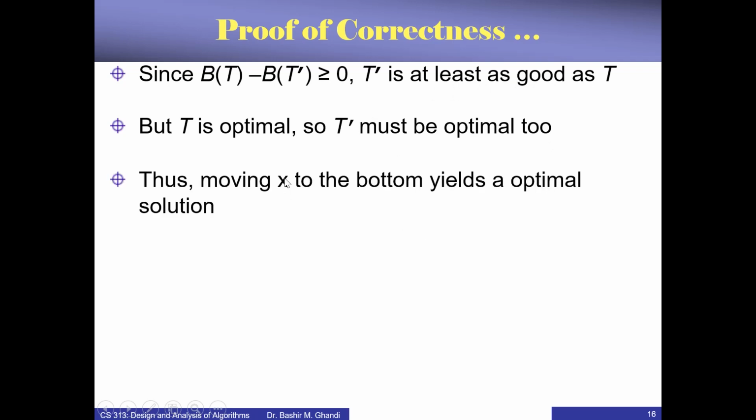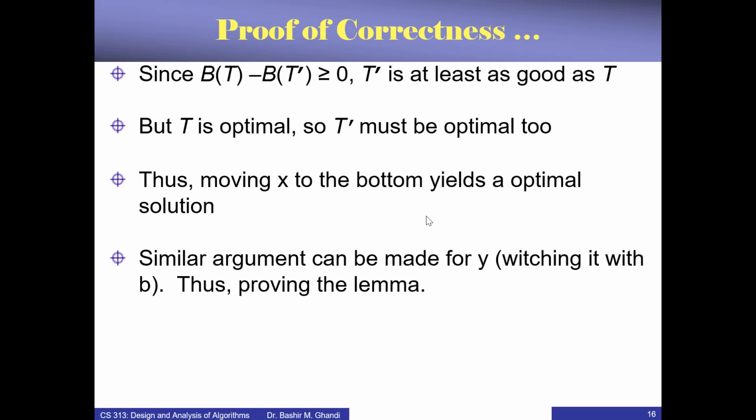Therefore, switching X from where it was to the bottom will yield an optimal solution, as we just did. Now, you can follow the same argument to switch Y and B, and you again will have another tree that is optimal.